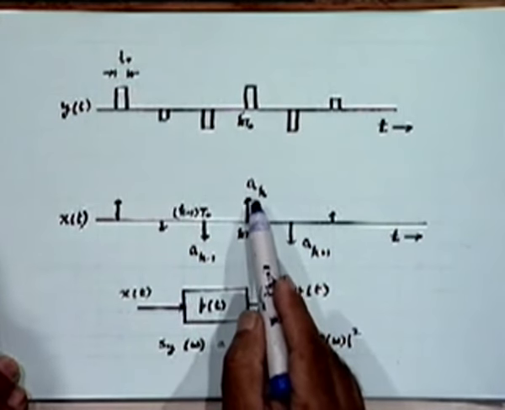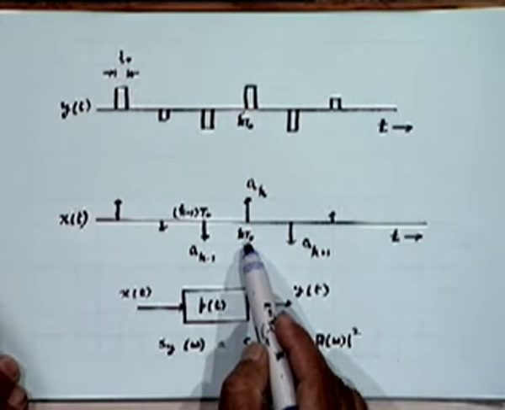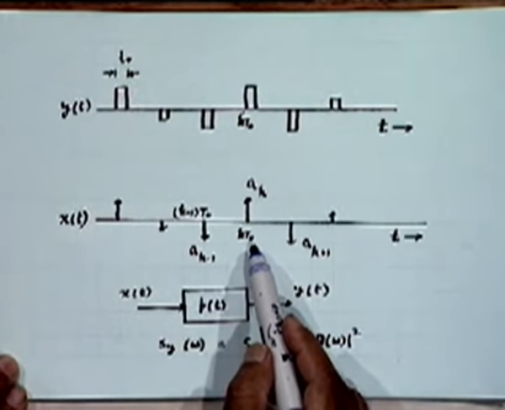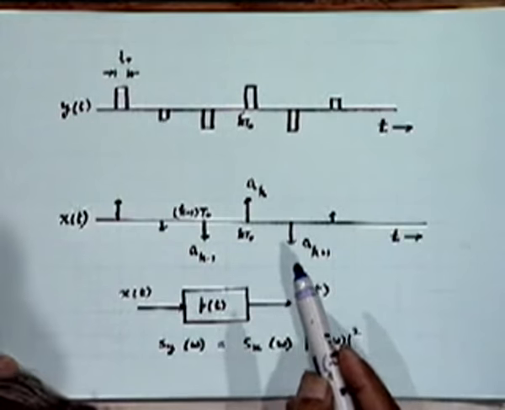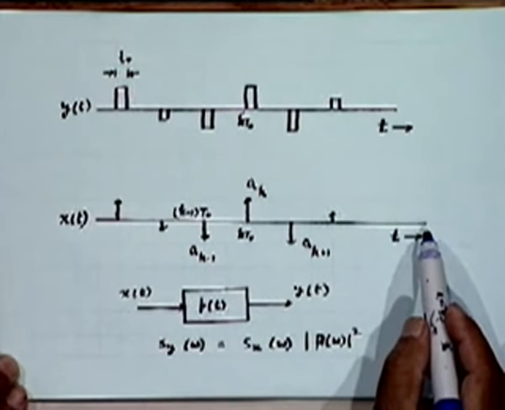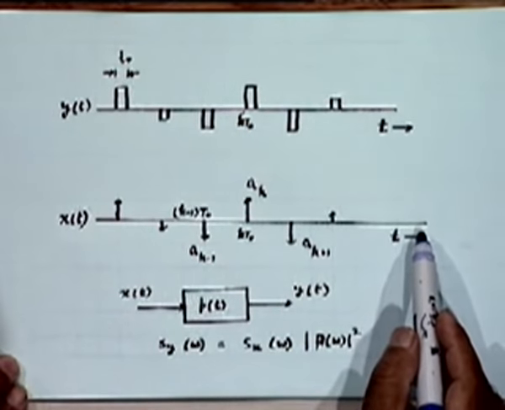The kth impulse has a strength of a sub k occurring at the time instant kT0. Now, how do we go about obtaining the power spectrum of such an impulse train? Any suggestions on that? How do you go about obtaining the power spectrum for an impulse train of this kind?